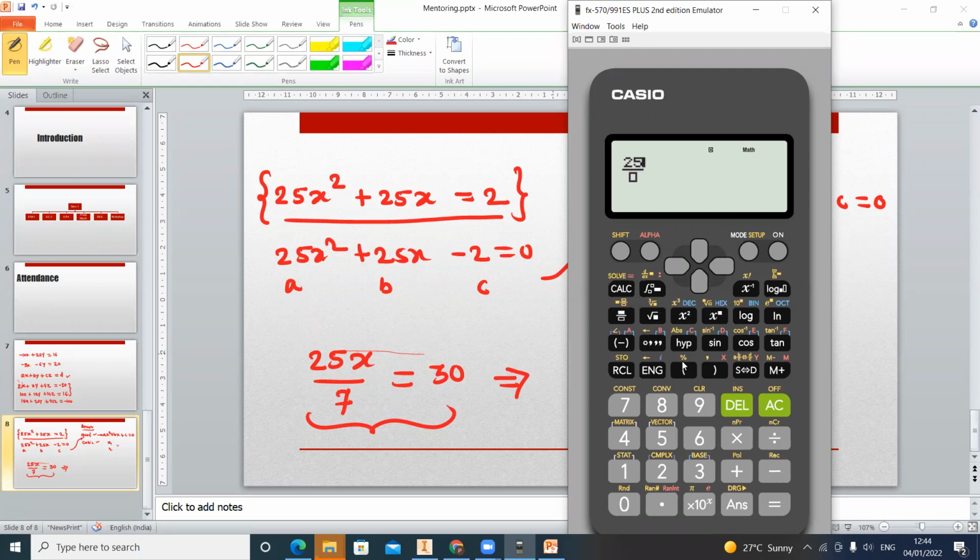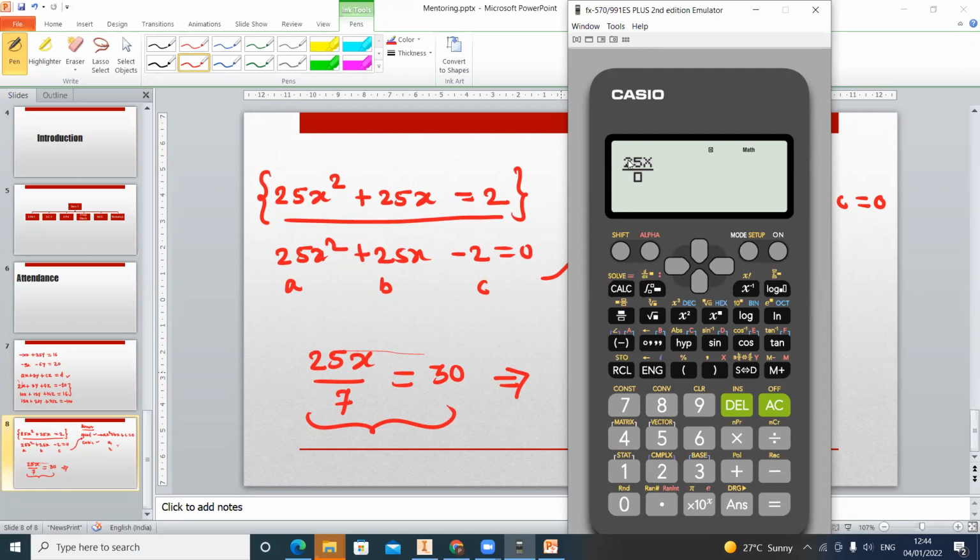You can see some options are available for the constants here: x, y, and so on. Here we will select the x. To enter this x in the equation, you have to press the alpha button, and then press the x, so that you can enter the x variable in your equation.